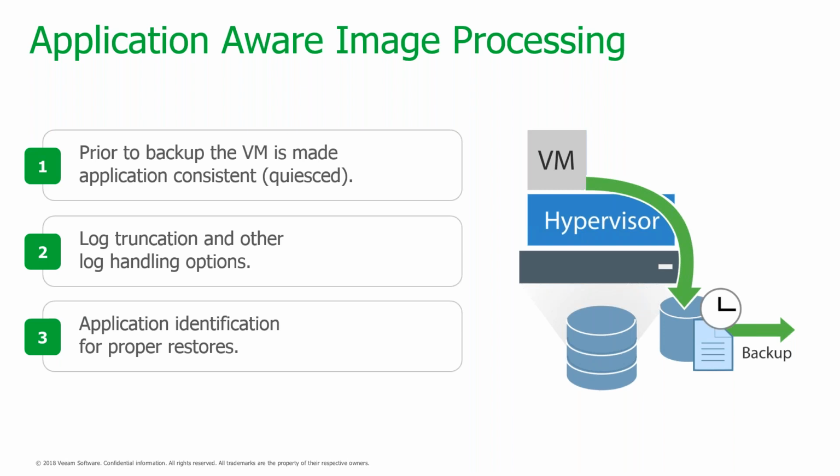You can't just restore the Active Directory machine, boot it up, and expect it to work perfectly, right? There's actually a proper VSS restore procedure that needs to occur for Active Directory to be recovered gracefully back into your environment, right? The nice thing is, with application identification, Veeam knows that that virtual machine you're recovering is an Active Directory machine. So we automatically perform the proper VSS restore procedure for you.